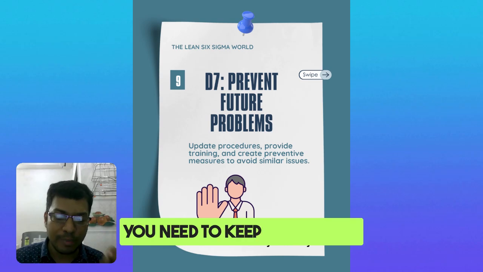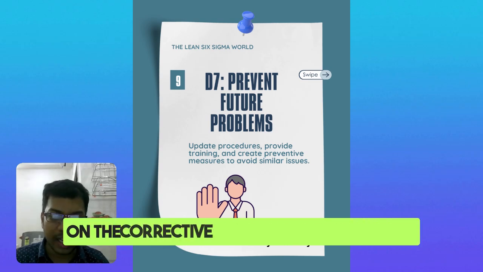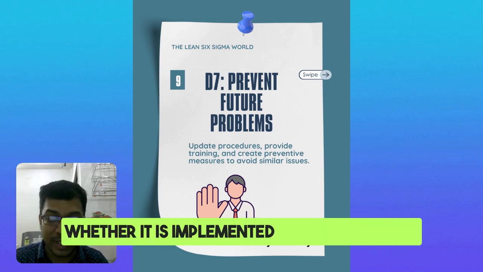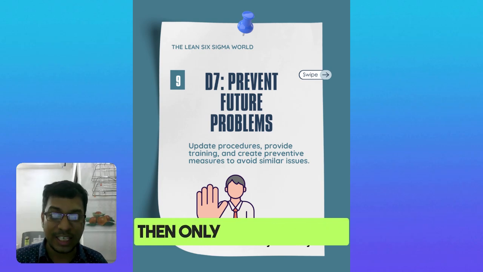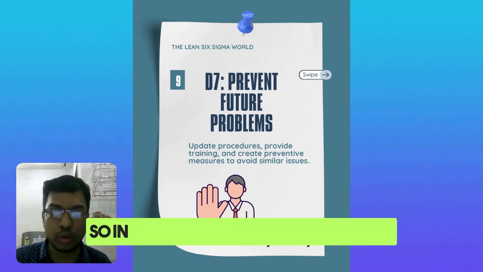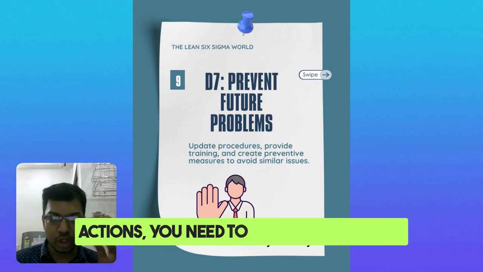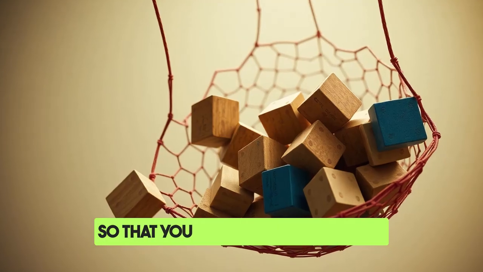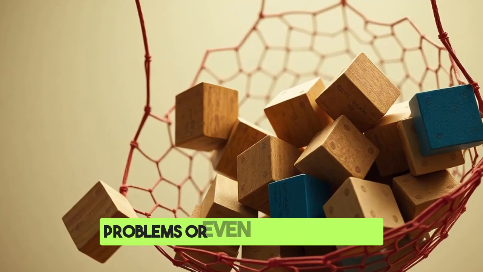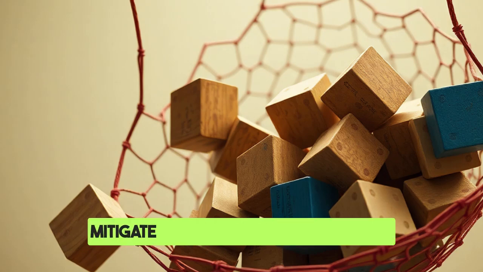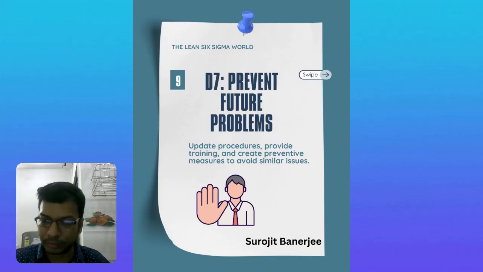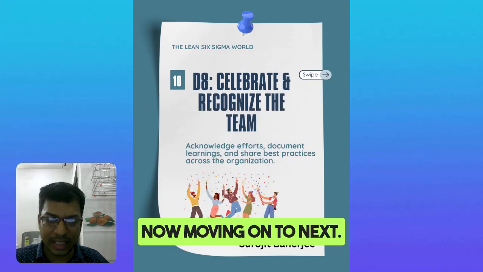You need to keep a close eye on the corrective actions that have been taken, whether they are implemented properly or not, whether they are being monitored properly. Then only the corrective actions will be sustained. So in order to sustain the corrective actions, you need to monitor properly, so that you can prevent future problems. Or even if the problems happen, before the failure happens, you can mitigate that, you can eliminate that.